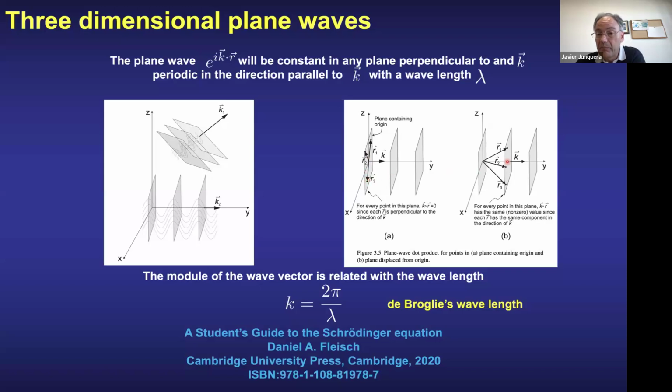The same happens for whatever other plane represented here, perpendicular to the k vector. So the dot product between k and any position r in a plane is constant, and therefore the wavefronts are planes. And these plane waves are periodic along the y direction with a periodicity of 2 pi over k, where k is 2 pi over lambda.